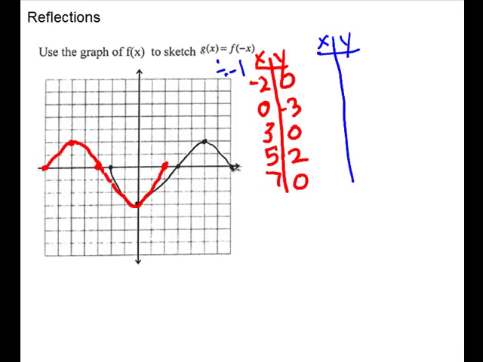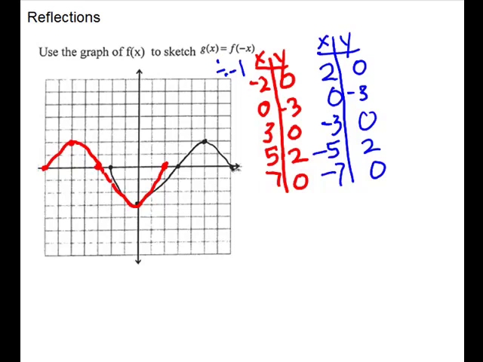Right, so it's the x's that are going to change. The y's are going to stay the same. This will be -2 divided by -1 will be +2. This will still be 0. 3 divided by -1 will be -3. 5 divided by -1 will be -5. And 7 divided by -1 will be -7.